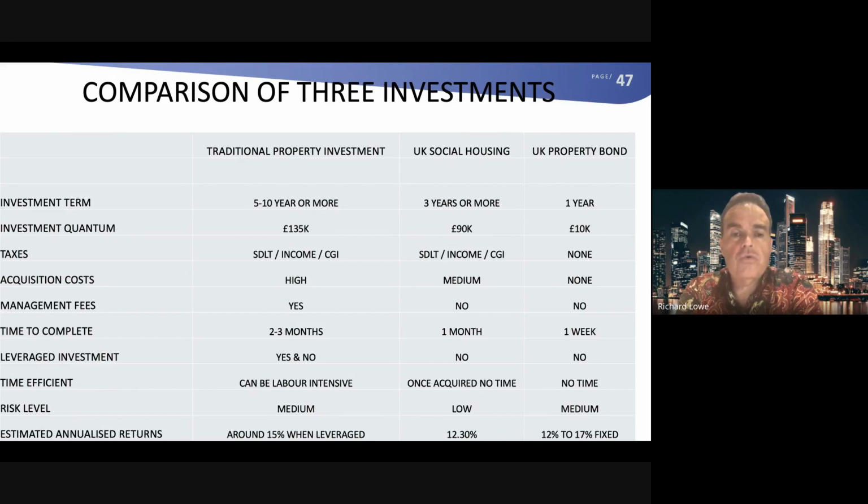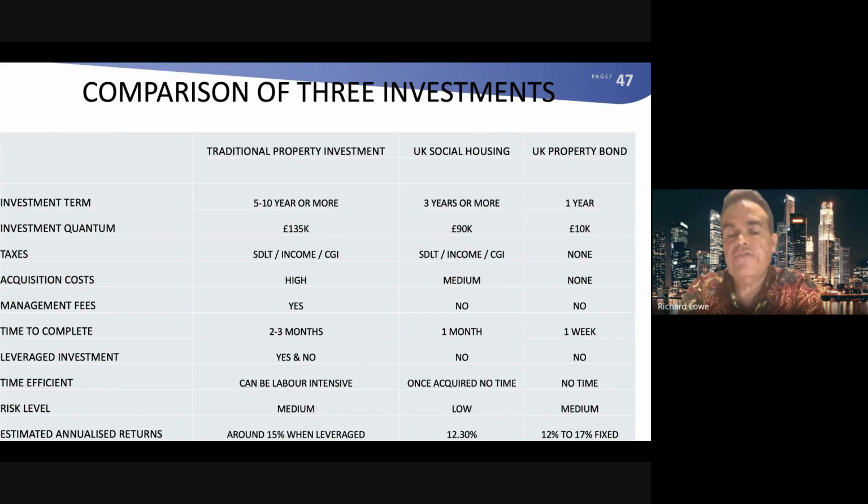Taxes. So some of the main taxes is SDLT, the stamp duty land tax, income tax, and capital gains tax as well. So these are the three taxes that you need to be aware of when buying a property. Roughly speaking, the stamp duty land tax goes up in tiers based on the purchase price.